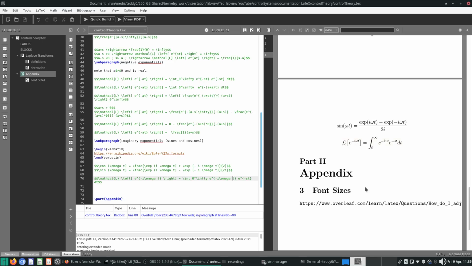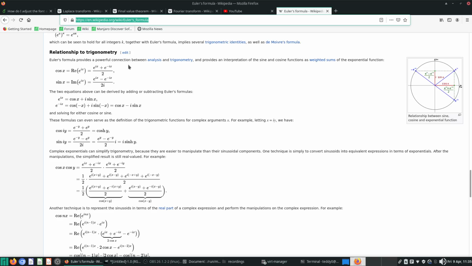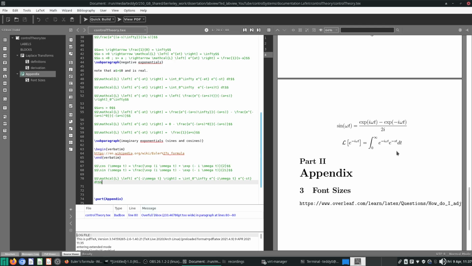So remember, Laplace transform always deals with negative exponentials, right? I mean, it's a complex frequency, I'm sorry. Alright, so how do we deal with this? Basically the steps are the same.